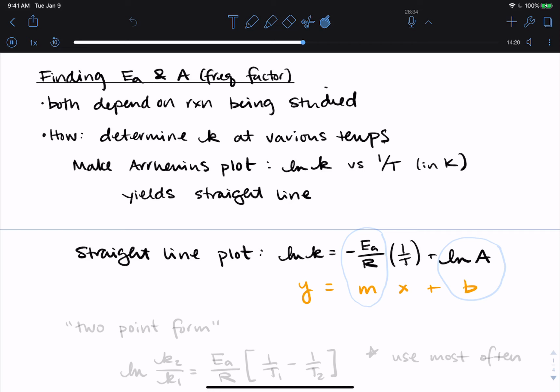That means from my plot, the slope is going to be negative Ea over R. That's awfully convenient because R is a constant. So the slope of the line will give me the activation energy, and the intercept will give me the frequency factor.